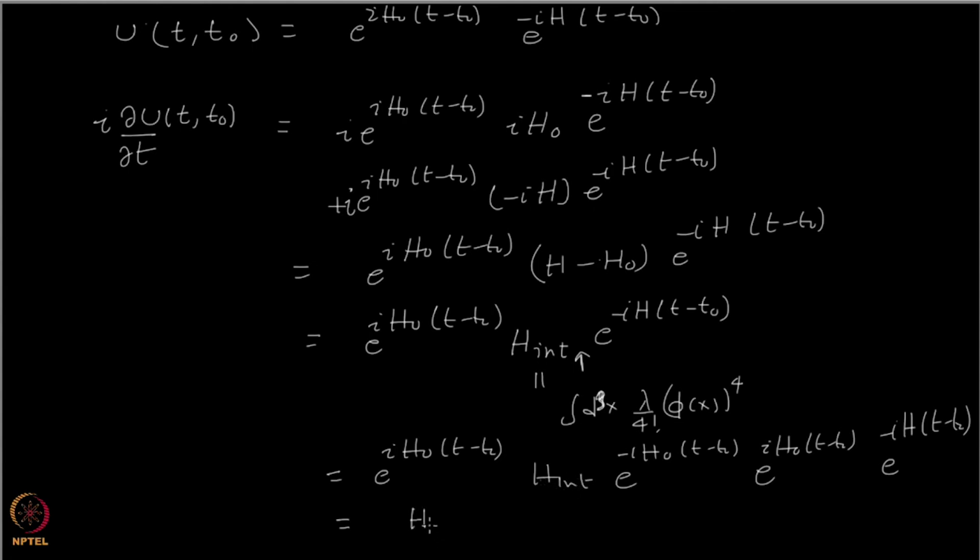So this changes H interaction into something we write as H_I, where H_I is defined by taking the expression of H interaction, the interacting part of the Hamiltonian, and replacing the field phi by phi_I, and if there were any pi's in the H interaction, you replace them by pi_I.